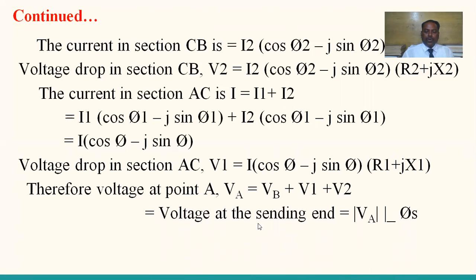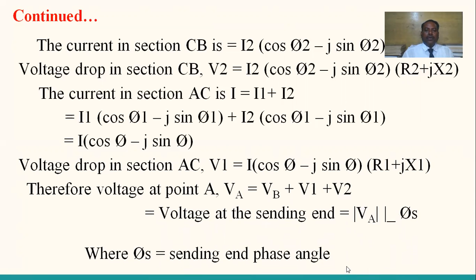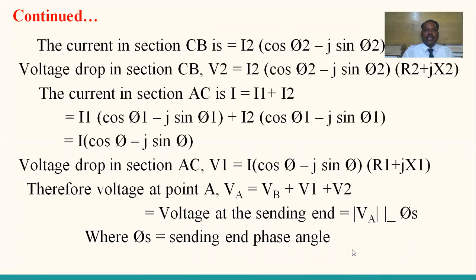That is equal to the voltage at the sending end, VA at an angle of φs, where φs is the sending end phase angle. So, with respect to the receiving end voltage, you have to calculate the sending end voltage. Sending end voltage is equal to receiving end voltage plus the drop of the first section plus the drop of the second section.